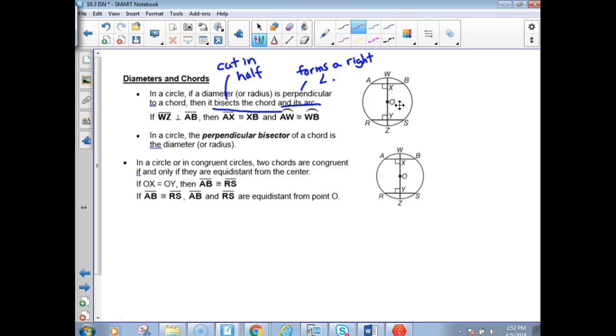All right, so in this diagram, WZ is perpendicular to AB. Therefore, AX is congruent to XB, and the arcs WA and WB are also congruent. That's what it's telling you.